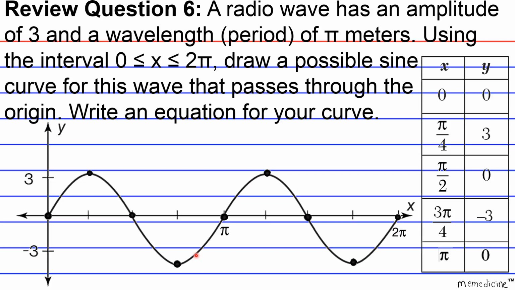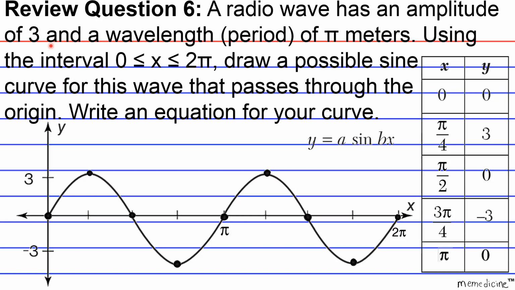And the equation will have to be in the form y equals a sine of bx, where a is the amplitude, which we're told, and b is the frequency, okay? The amplitude is 3. It's easy. We can take that information from the question stem.